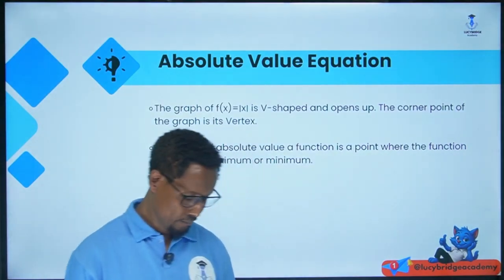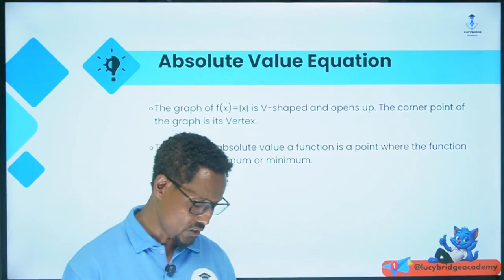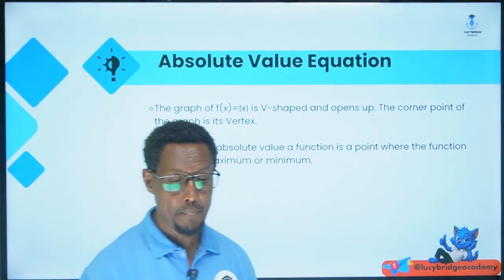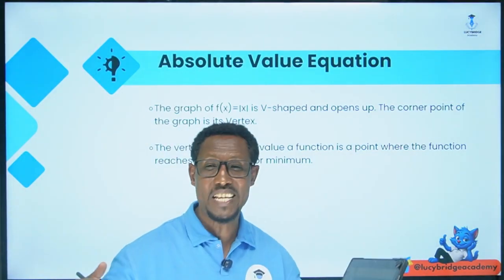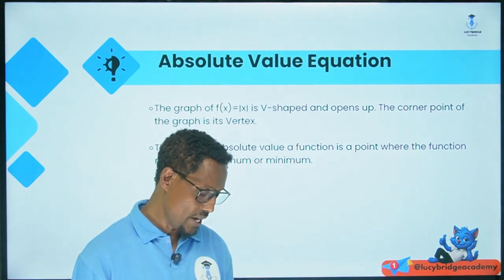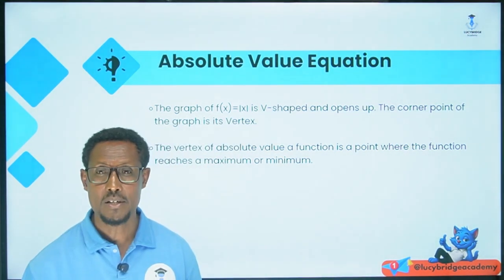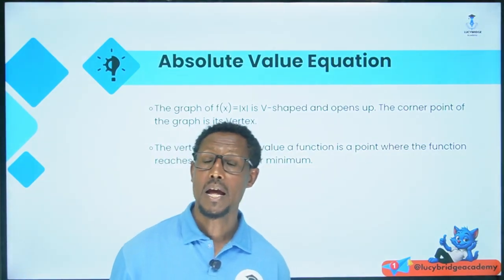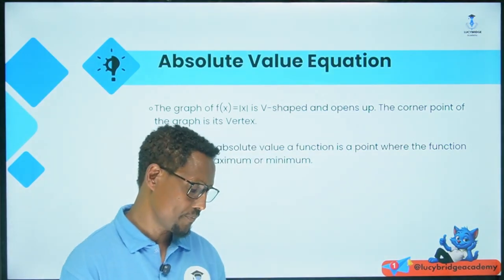The vertex of the absolute value function is the point where the function reaches a maximum or minimum. If it is V-shaped, it has a minimum value, but if it is an inverted V-shape, it has a maximum value. If the coefficient is negative, it opens down. If it is a positive coefficient, it opens up.